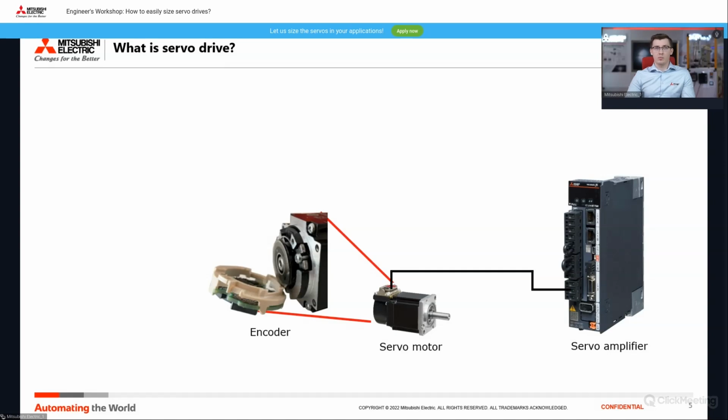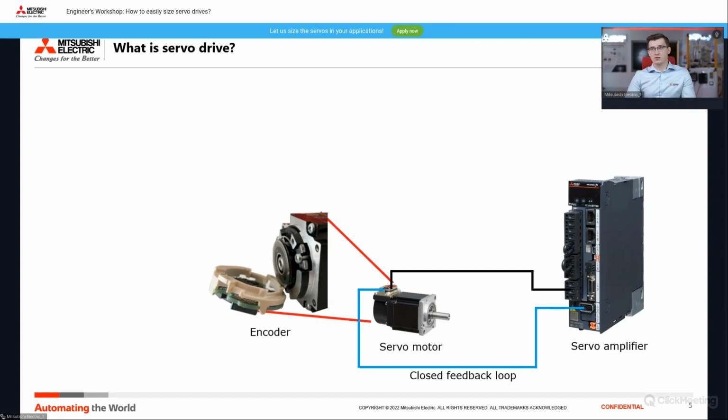And this encoder, by the feedback loop, sends the signal to the servo amplifier, and we can know the current position of the motor. So we'll always know where the motor is, at which exact position it is, and of course which speed it has. So this is the servo drive, and this is the servo system.